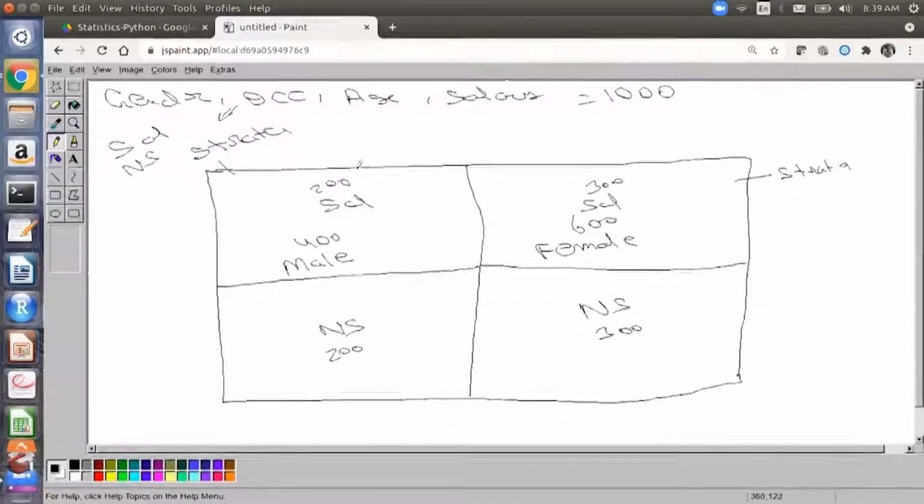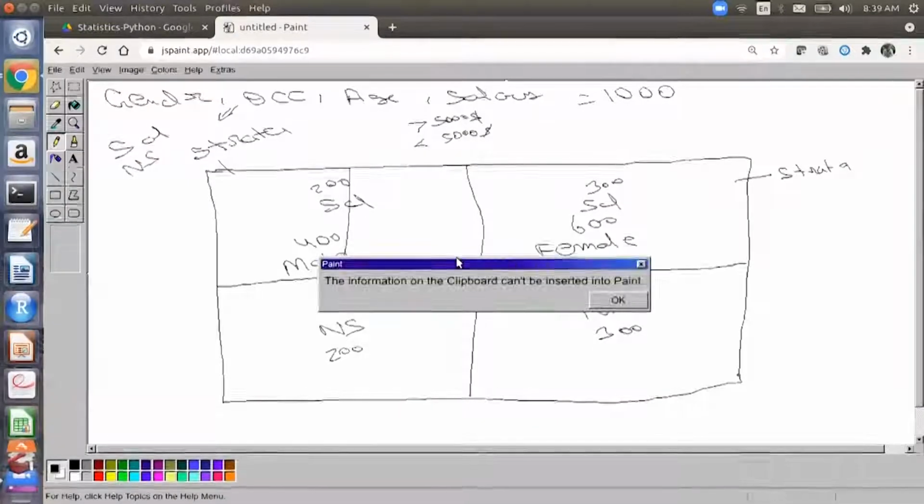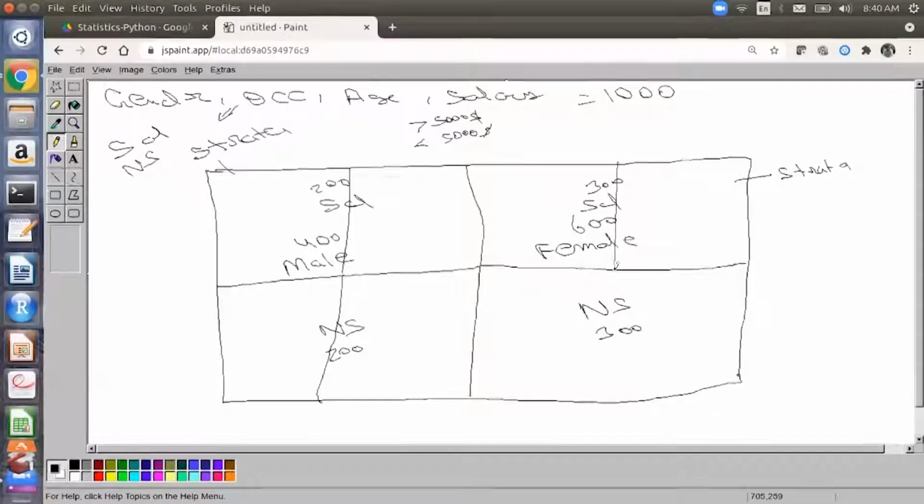Now suppose I am dividing on the basis of salary greater than $5,000 and less than $5,000. Again further subdivision will happen. Salary less than $5,000, greater than $5,000, and similarly for each group, including non-salaried.